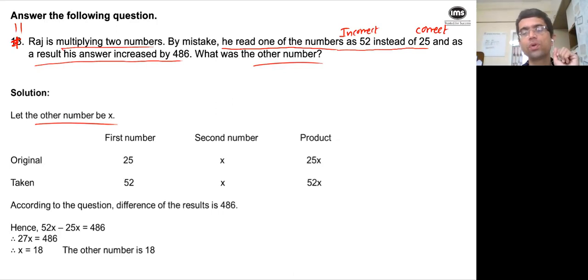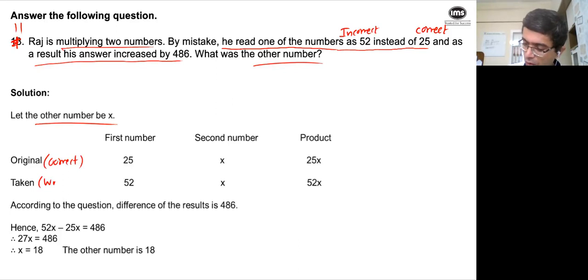The product of two numbers. The other number was assumed to be x. So one product is going to be 25x, the other product is going to be 52x. The correct one should have been 25 into x.